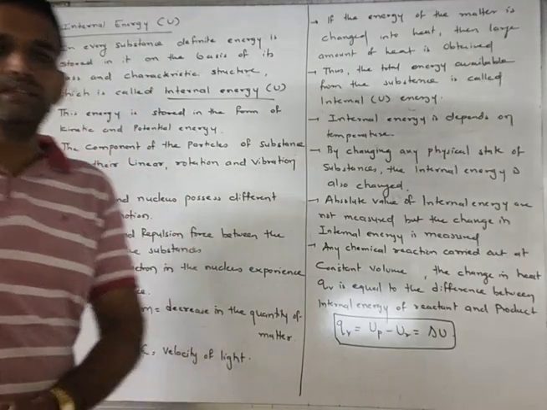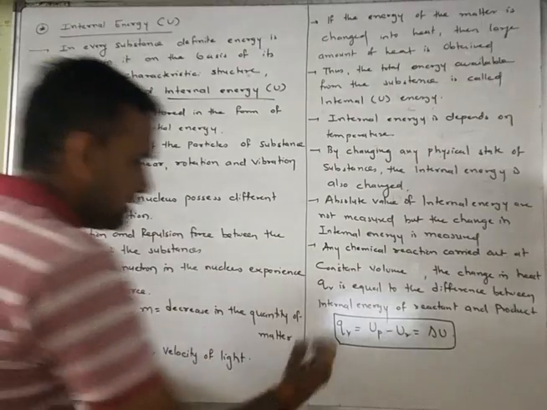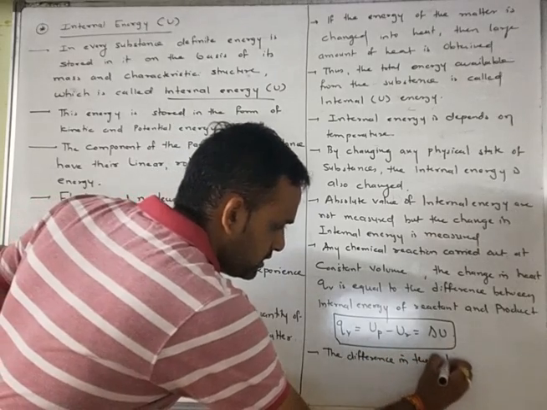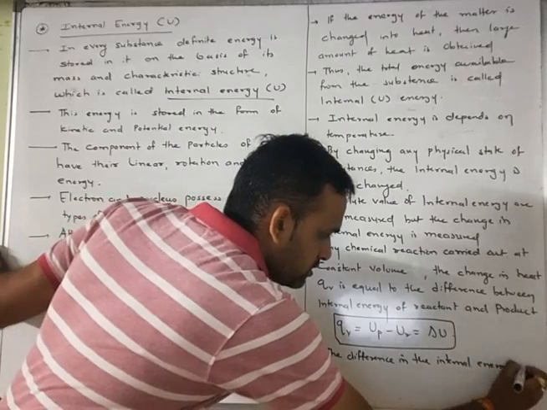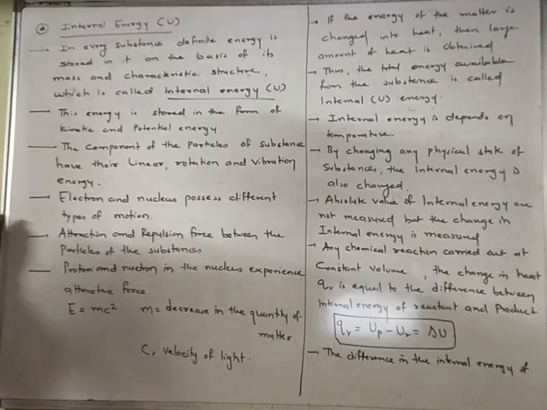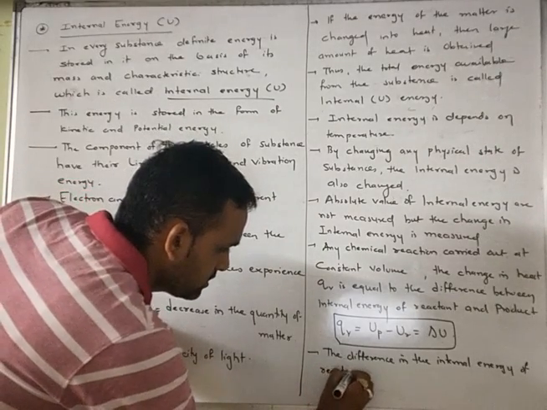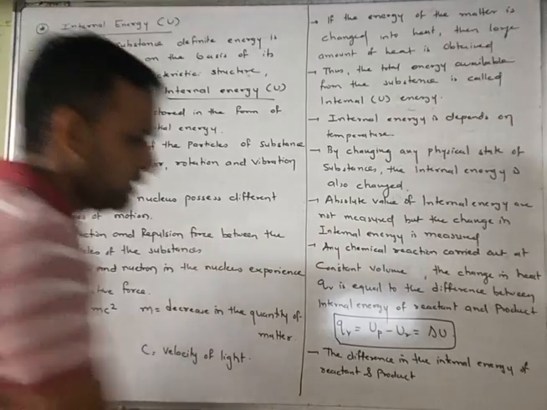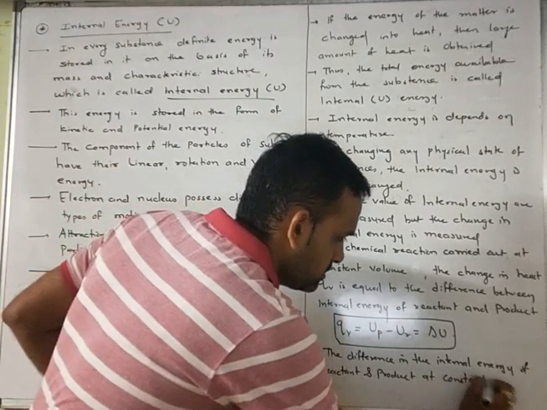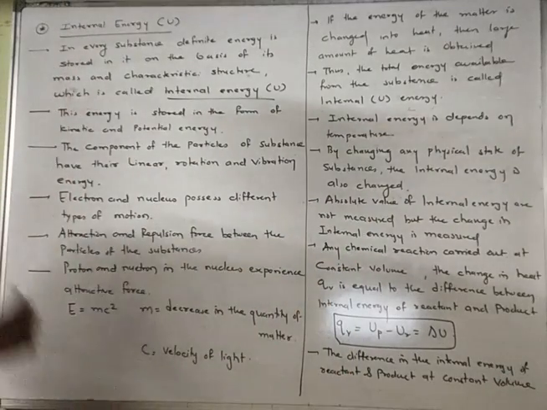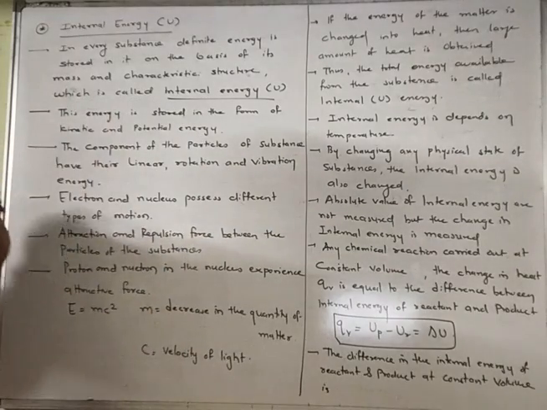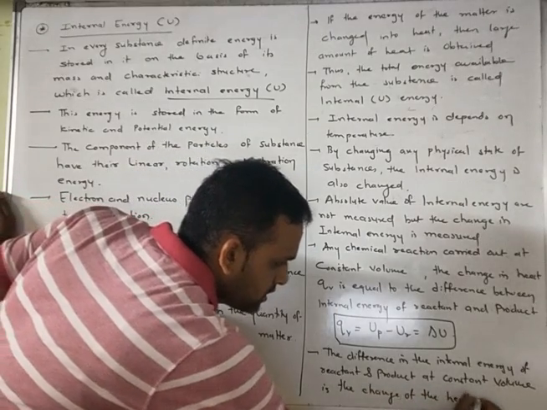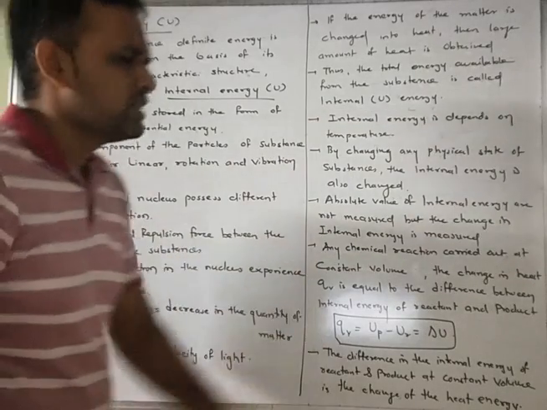So the difference in the internal energy of reactant and product at a constant volume is the change of the heat energy, right? So this is how you can write it out.